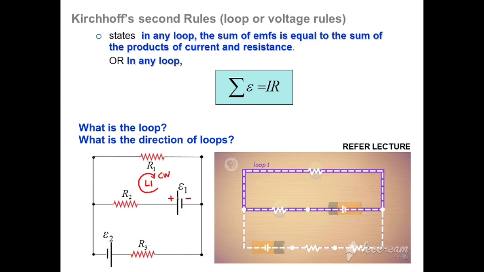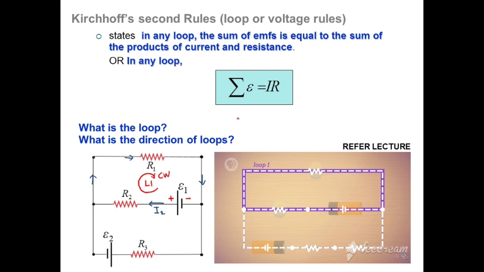If we follow the direction of current in the battery, for example, the current I2 from battery number 1, our direction will be the same direction as the current. Alright, so for loop number 1, we want to apply the second rule in this particular loop. How?